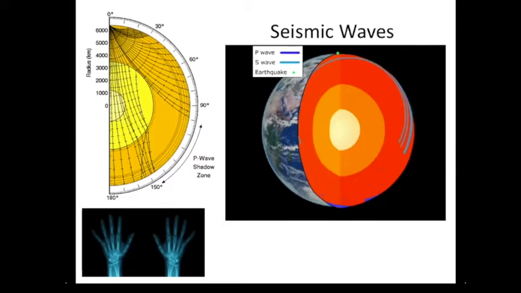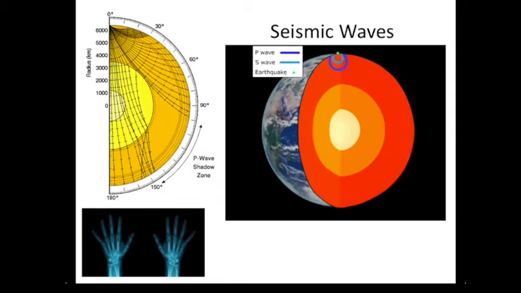So how do we know about all this stuff? How do we know that core is made of iron and it's liquid if we haven't been able to get there? Well, it turns out that earthquakes provide us the information that we need. When we have an earthquake, our equipment is sensitive enough to actually measure most big quakes all the way on the other side of the planet.